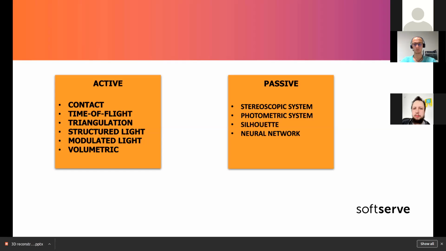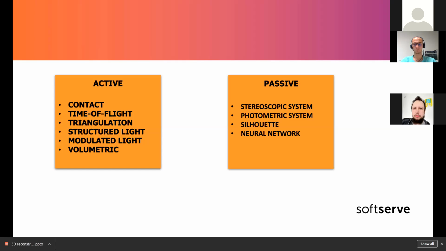But the problem with this method is that the cost of such sensors is quite high, and the resolution at this moment is quite low.